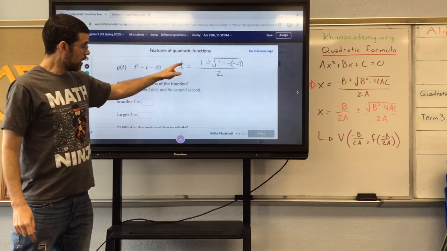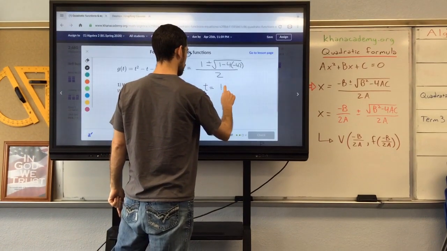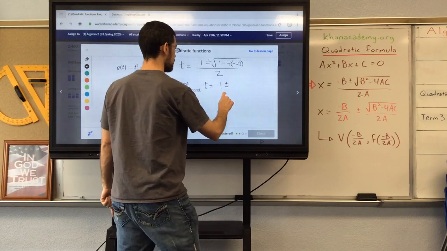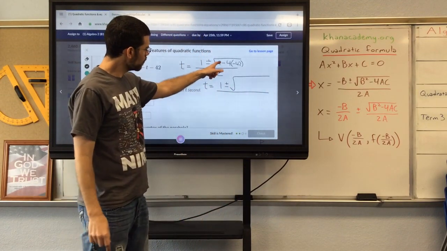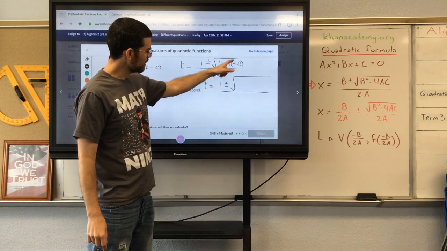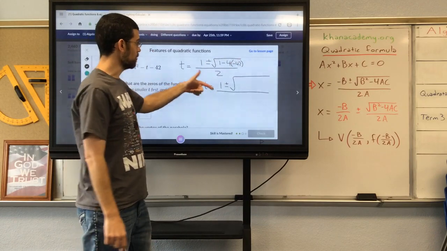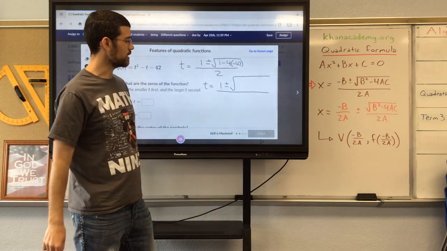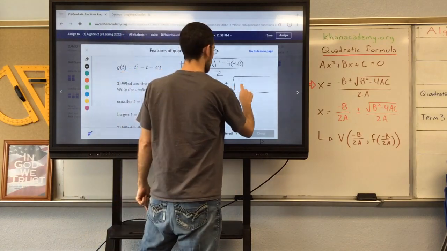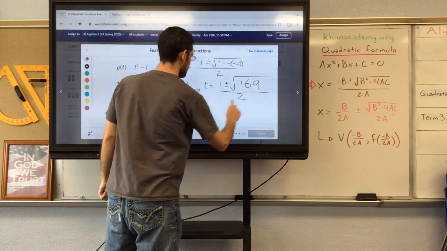Now, we'll simplify, so t equals 1 plus or minus the square root of, well, we're going to be subtracting 4 times a negative, so negative times negative is positive. 1 plus 4 times 42 is 168, so 169, and then divided by 2.